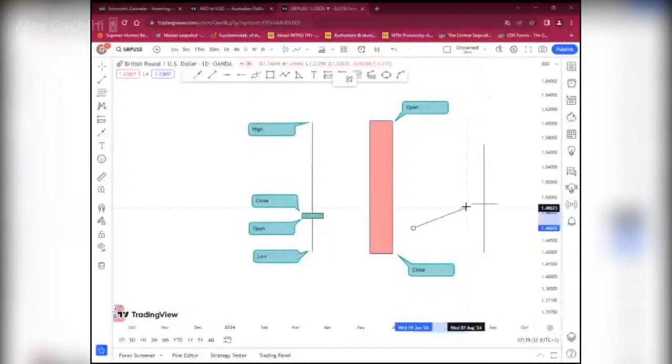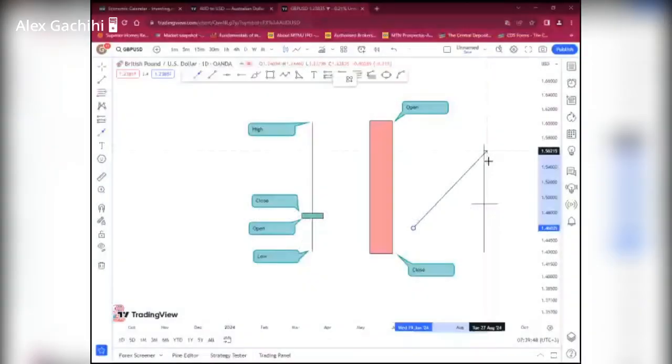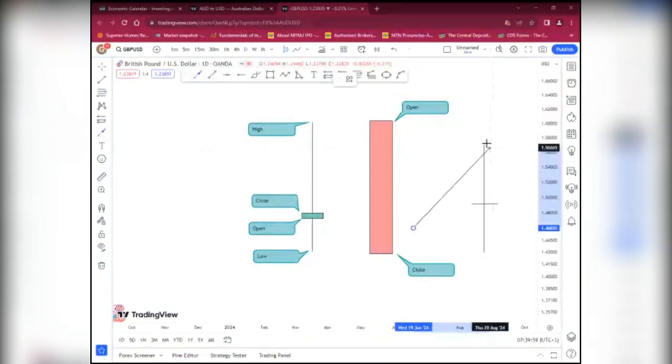For this one, it means that the opening prices are the same as the closing prices. So the market opened at 1.49146. The market expanded to the upside or the downside, then expanded to the opposite side. If it began by expanding to the upside, it created the high right here.